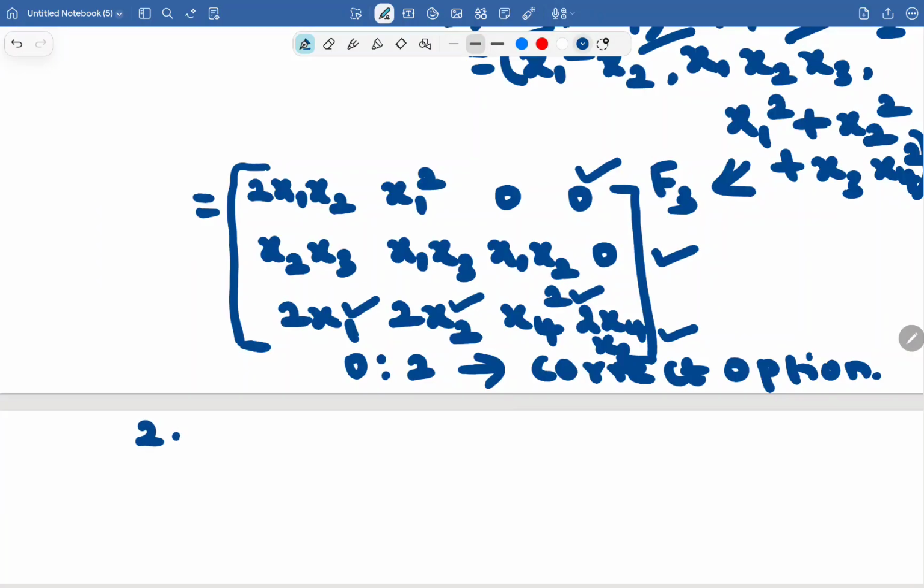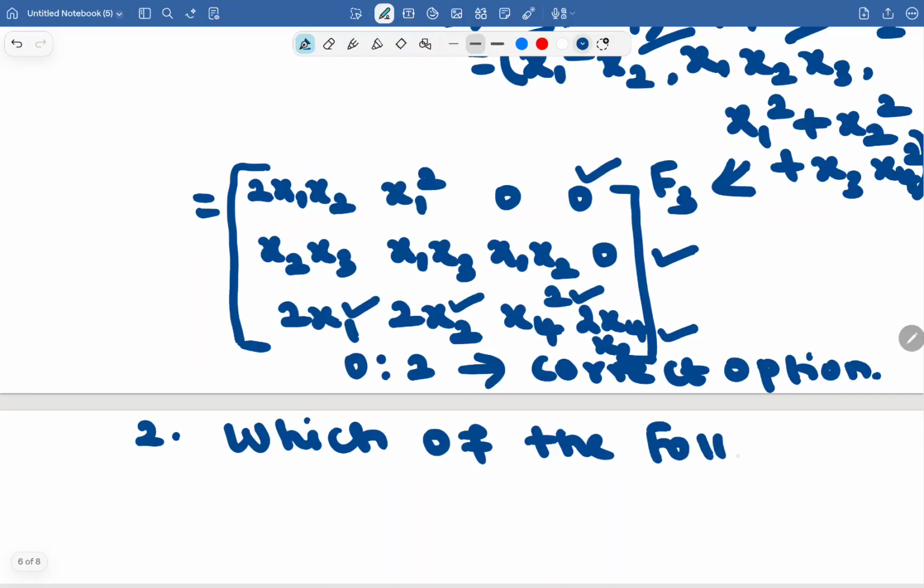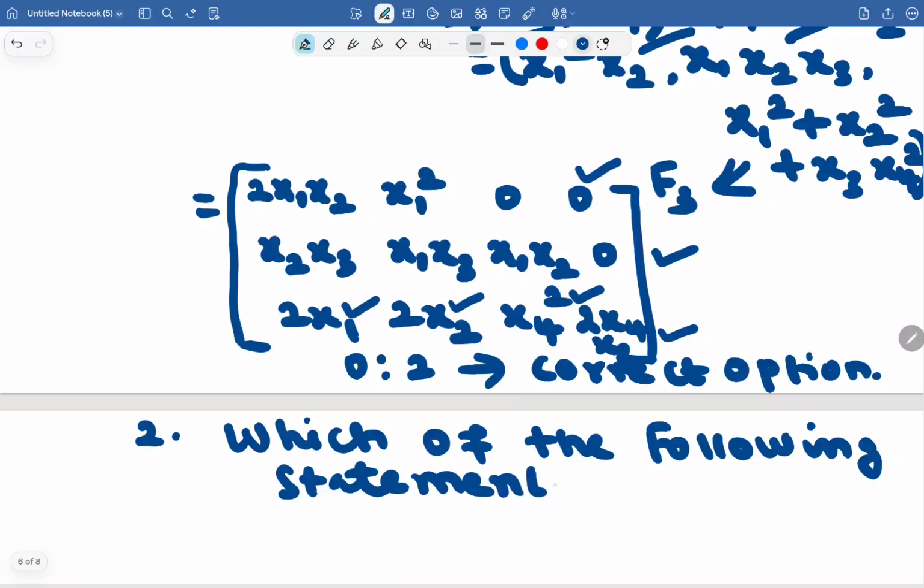Now I am going to discuss the second problem. Which of the following statements is false?